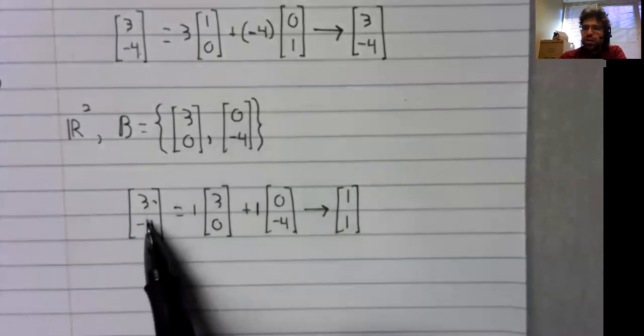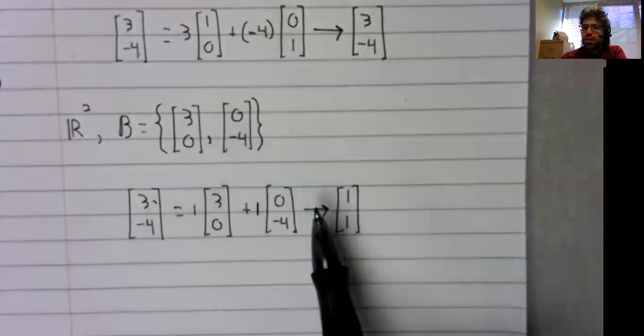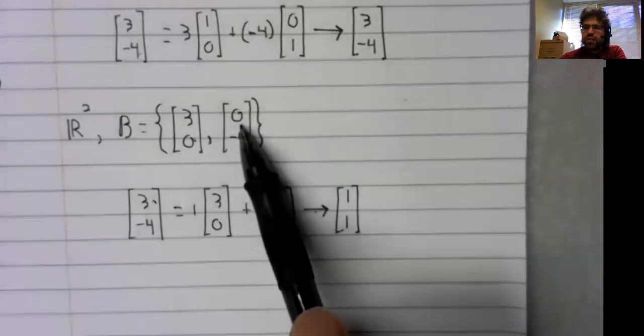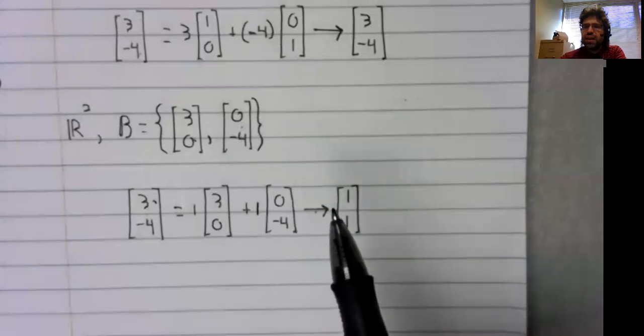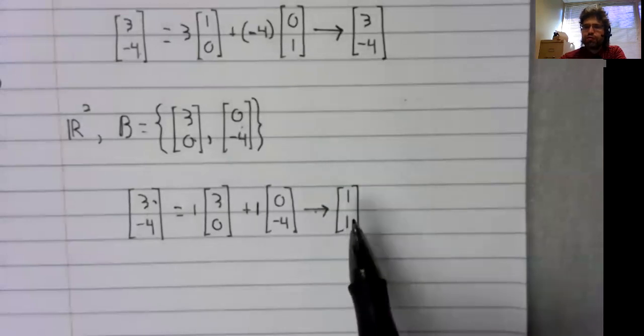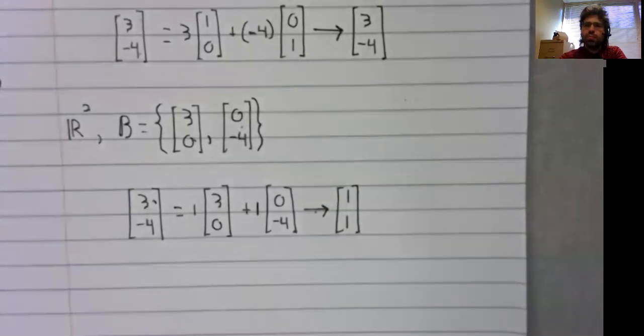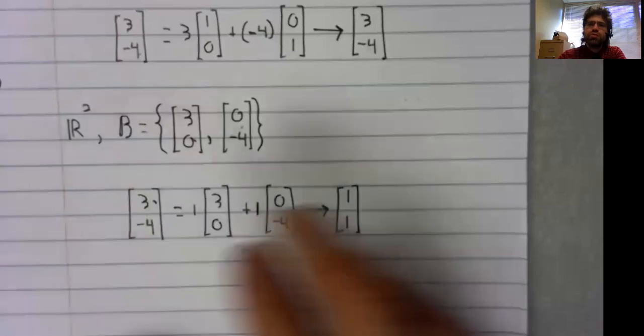So this column vector can be stored, if we're given this basis, as a different column vector. But why? I mean, why do we want to do something like that?